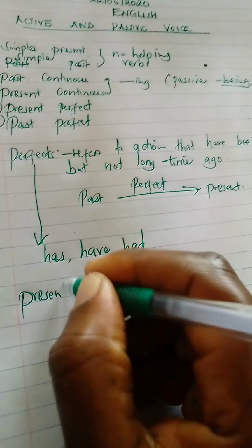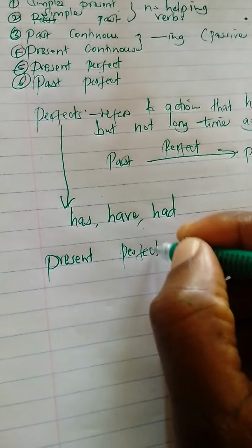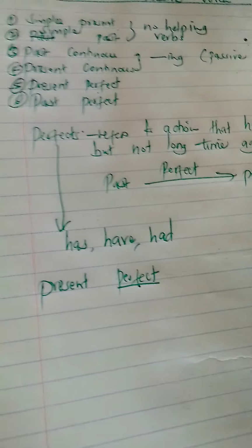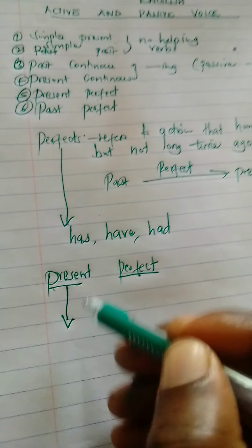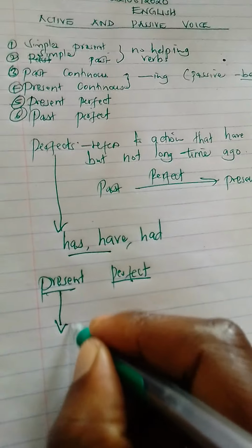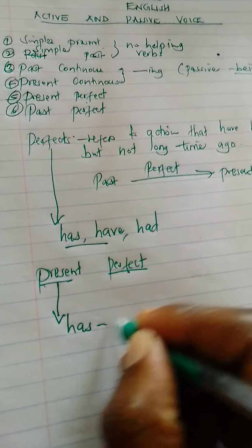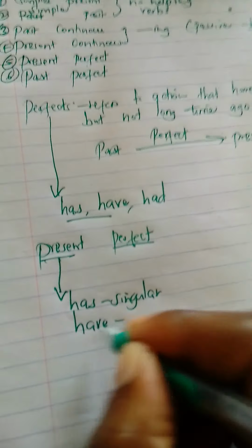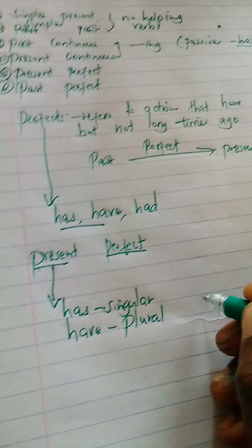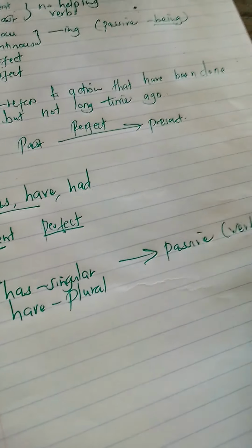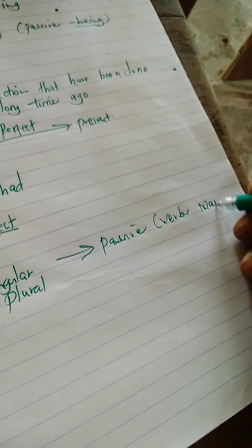Let me start by taking you through the present perfect tense. I've told you that a perfect is an action that has been done but not a long time ago. For present now, you are going to pick on these two, whereby their active sentence must be having has in singular and have in plural. And when you are changing these sentences to passive, these two verbs are maintained.